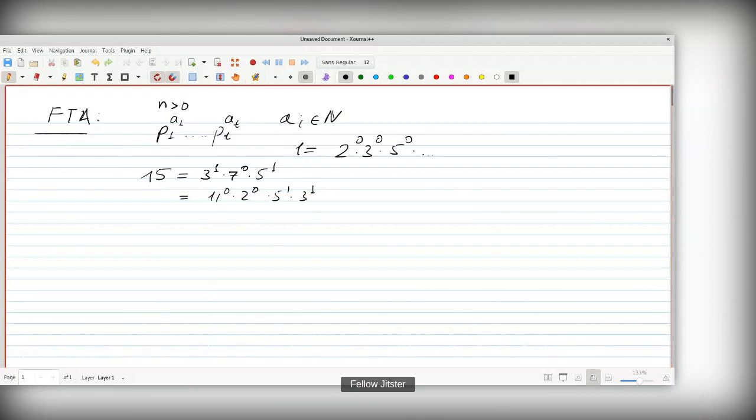That means that every prime must have identical degrees in any two prime factorizations of a number. That is, 11 has degree 0, and here it also has degree 0. If it is not explicit, that means that it has degree 0. Every number to the power 0 is 1, and we are free to assume that 11 is present here, but in degree 0.